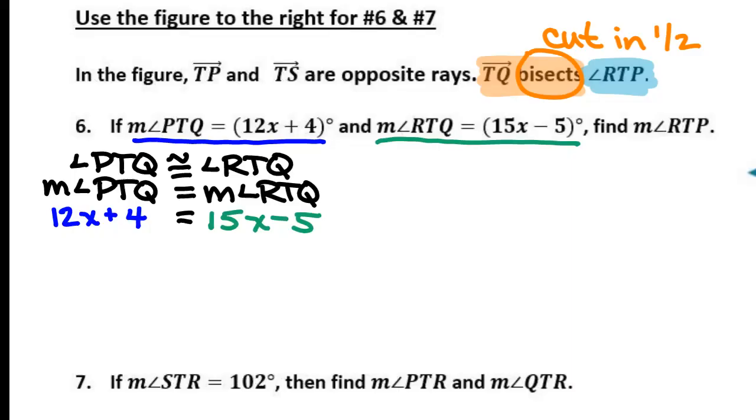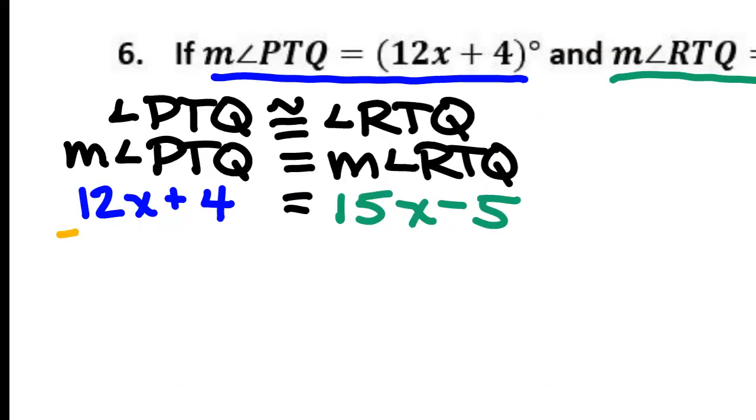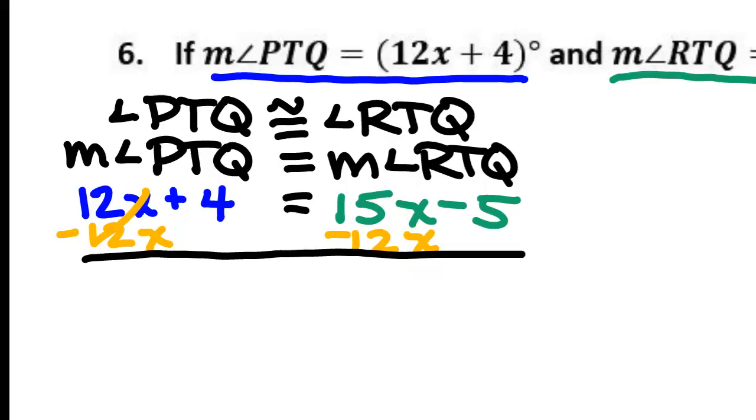Once we have it set up like this, the first thing we're going to do is get our x's on the same side. So I'm going to minus 12x from both sides. What is 15 minus 12? 3. So I would have 4 equals 3x minus 5.